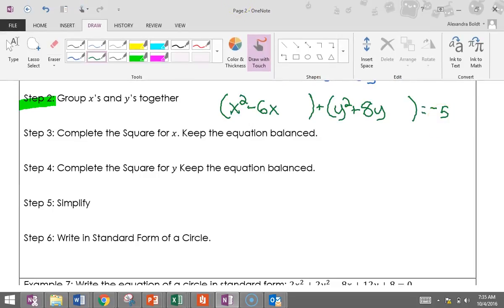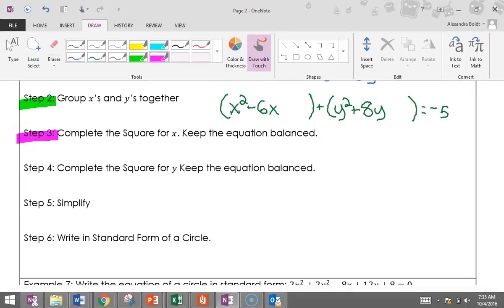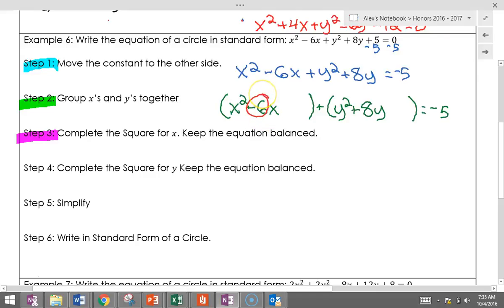Our third step is to complete the square for x. By completing the square, we're finding this middle number. There's lots of different ways people teach this. The most basic is you take this number, divide it by 2, and then square it. Negative 6 divided by 2 equals negative 3, squared equals 9.